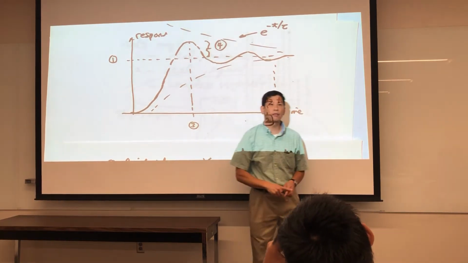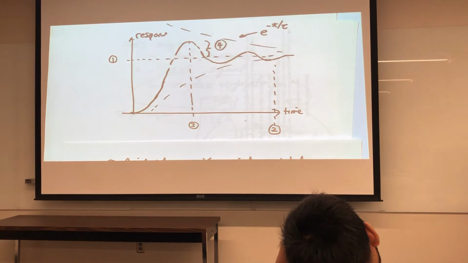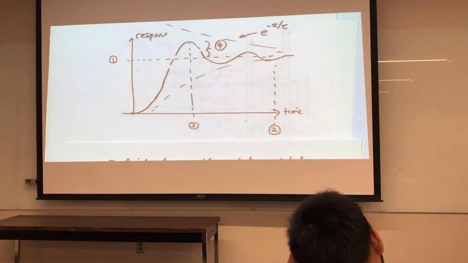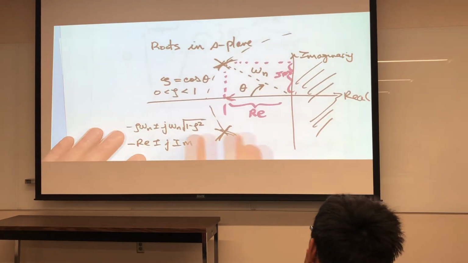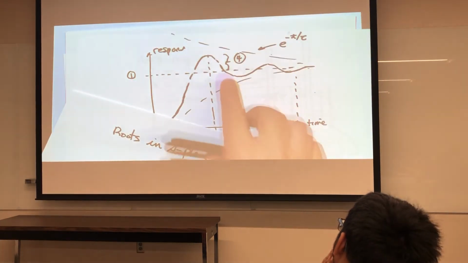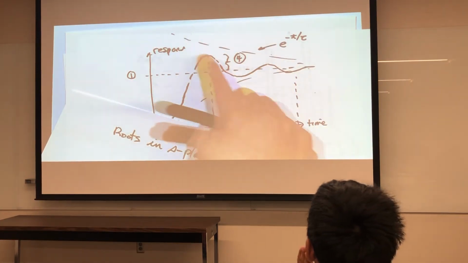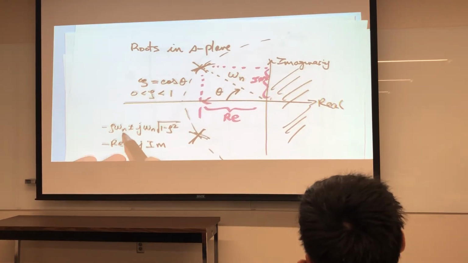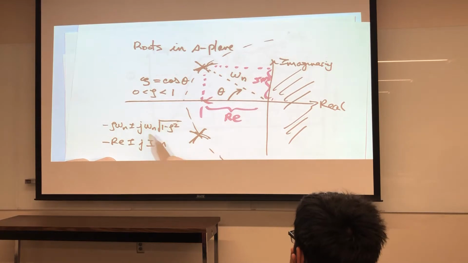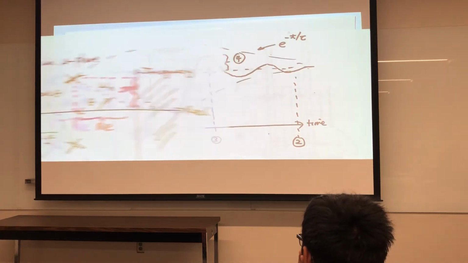What is the frequency of oscillation? The frequency of oscillation is the imaginary part. The decay envelope is related to the real part of our roots. The imaginary part is the oscillation frequency.